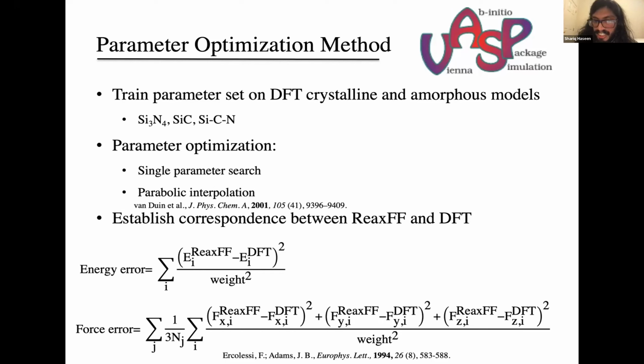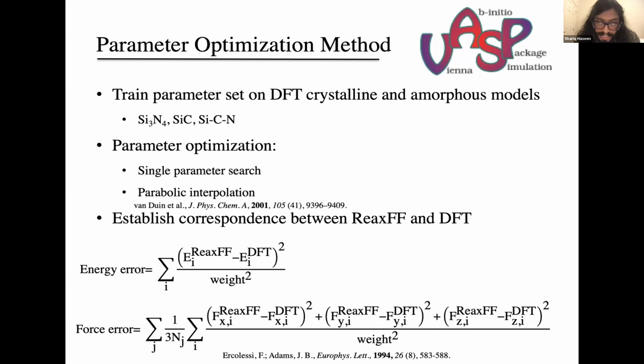Now, the force error is something we do by following the approach by Ercolessi, if I said that right, from the 90s, in which case all we really do is compare force as a vector. Or we really just compare the three components of the force vector in Reax and DFT.